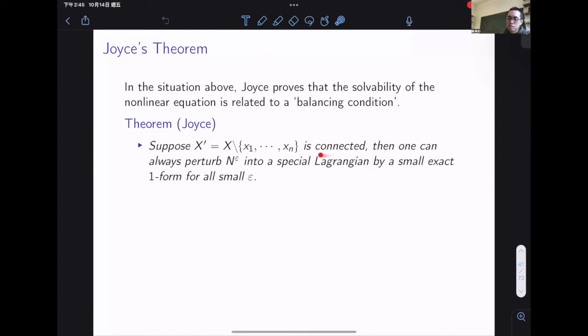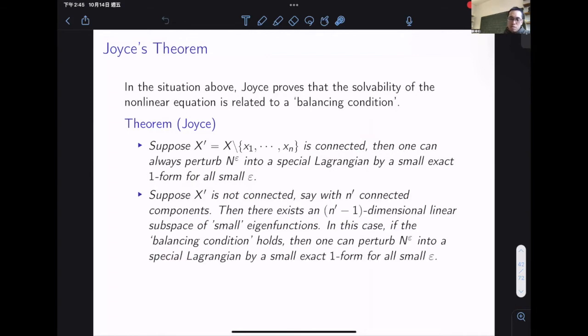So this connectedness is very important here. Since if X' is not connected, then say it has n' connected components, then there exists an (n'-1)-dimensional linear subspace of small eigenfunctions.